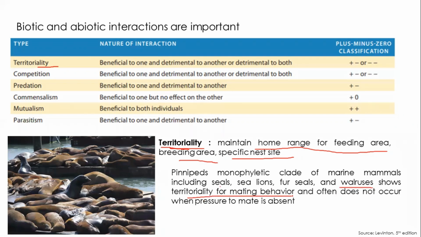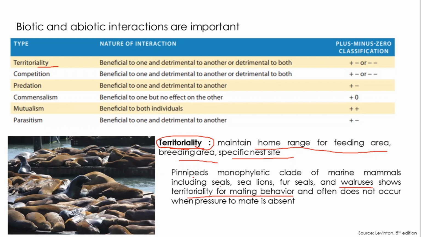That could be because they are mating on land, so land can be a limiting resource for them, or otherwise the availability of females in a particular location. That kind of pressure forces them to show territoriality behavior, right?